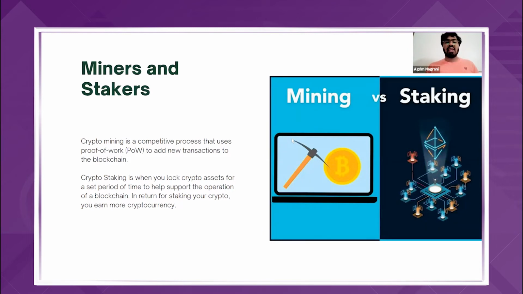Crypto mining involves the process of proof of work, where you need to solve complex mathematical problems through which you are able to add new transactions to the block. This is quite an electricity-consuming process and not a sustainable way to do crypto mining, so another way has come out which involves staking of the cryptocurrency.